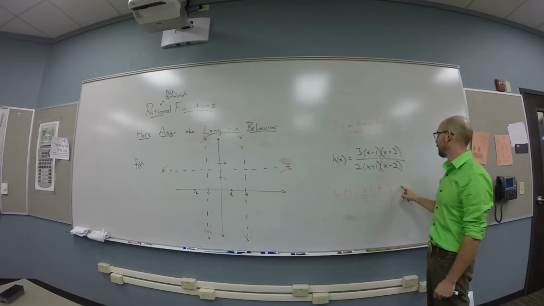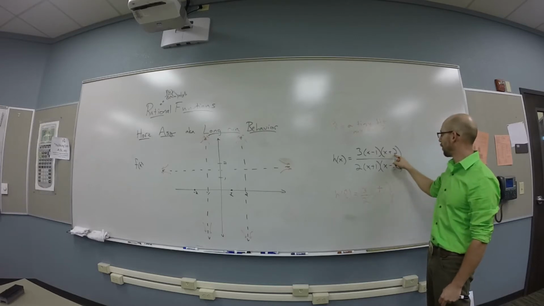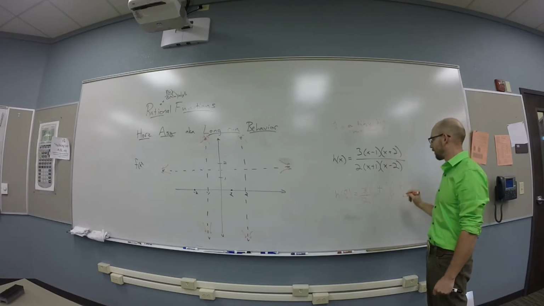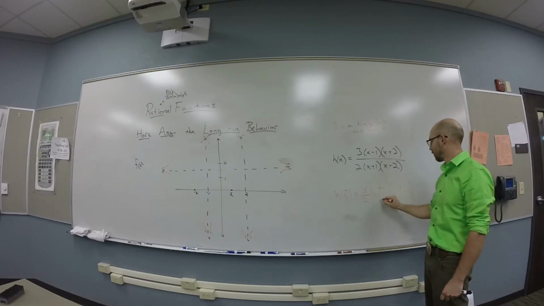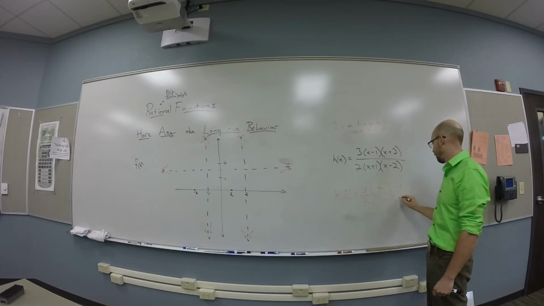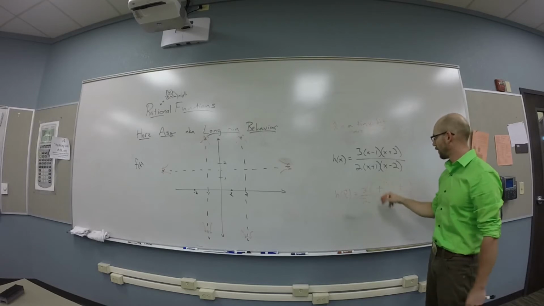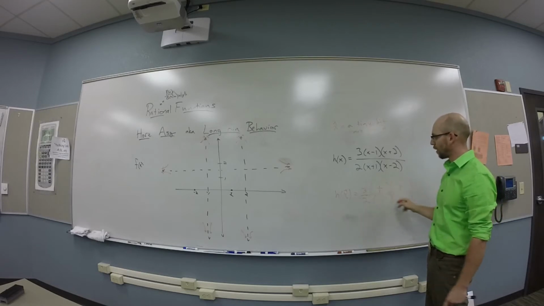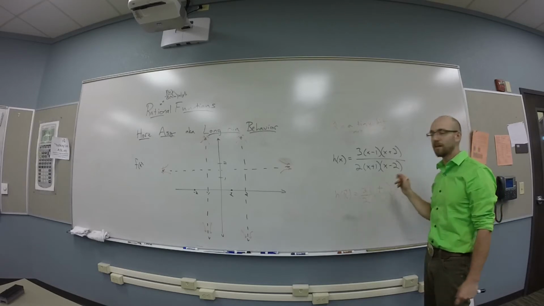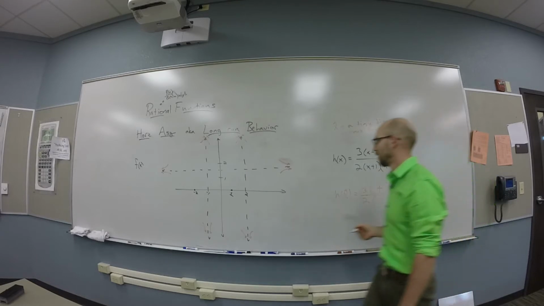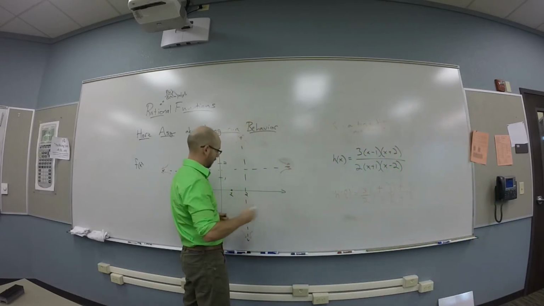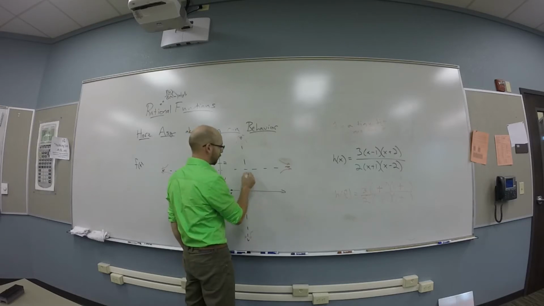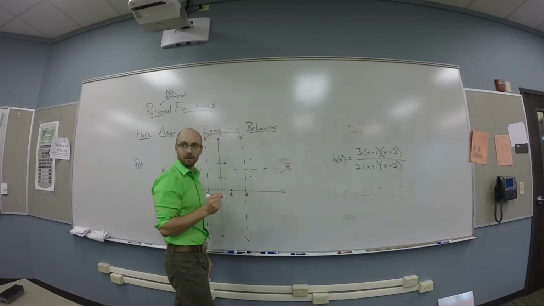A tiny bit more than 2 plus 2 is a tiny bit more than 4, so I got a positive, positive, and positive. Barely. Okay, so I got something, 3 halves times something positive. I don't know how big this thing is, but I do know it's positive. So I know that that dot is going up here someplace.